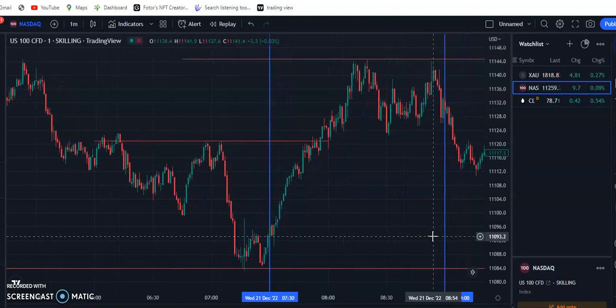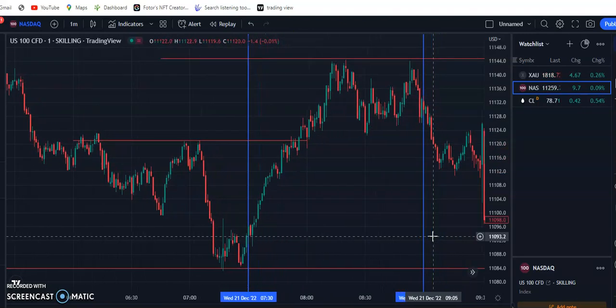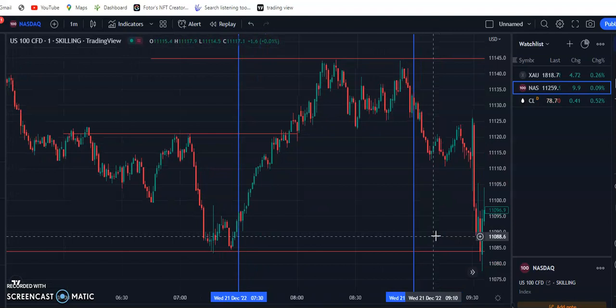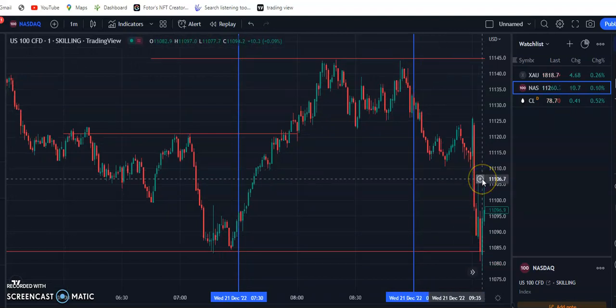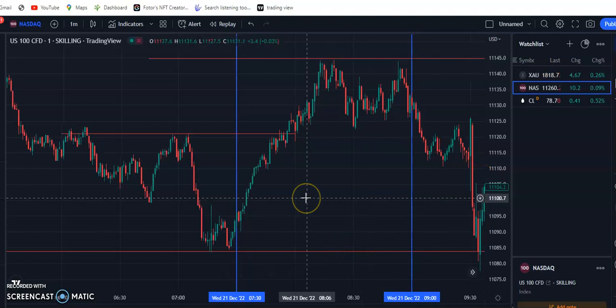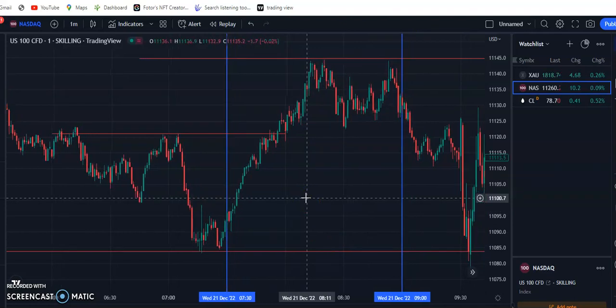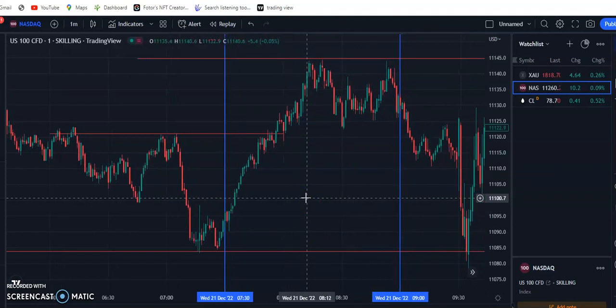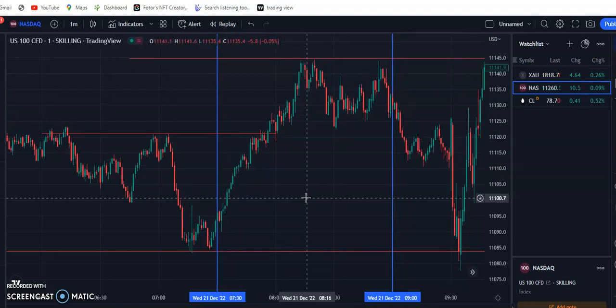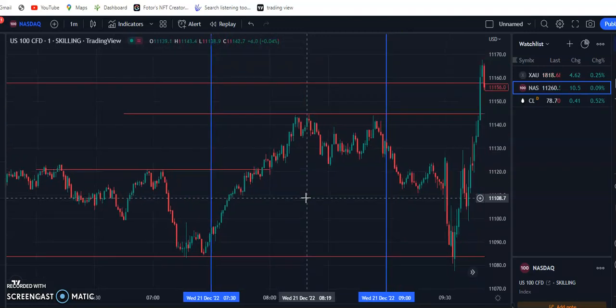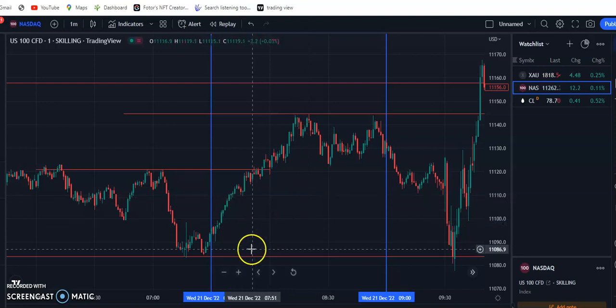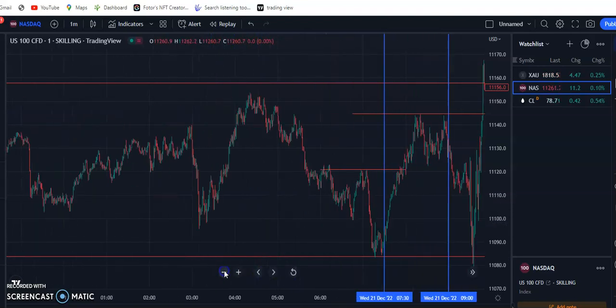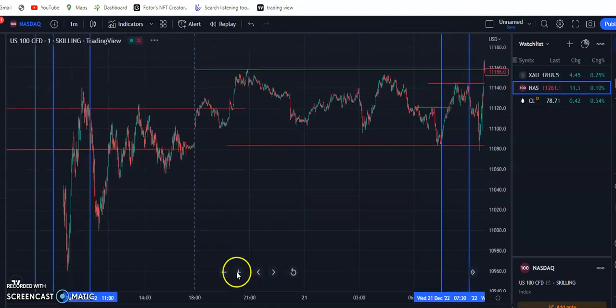The market came down after 9:30, broke structure, retested, but did not give us an engulfment. That's all right. Now we are at the high of the day.